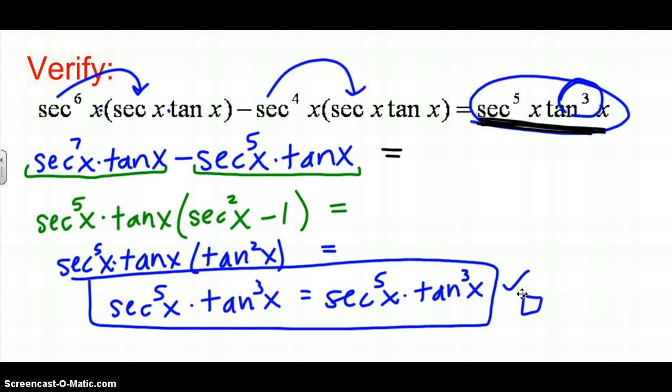I'm done. So again, that one, I used the fact that I was trying to get to a secant to the 5th to know that I should probably factor out something here because secant to the 7th was too high.